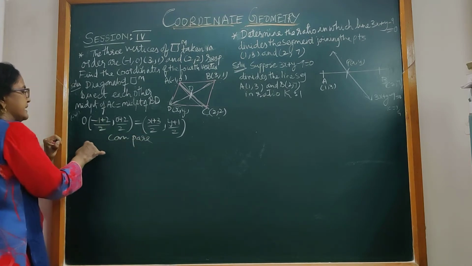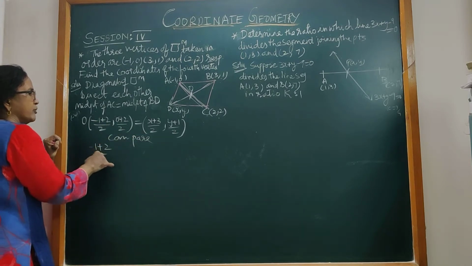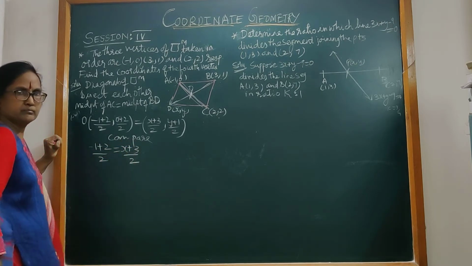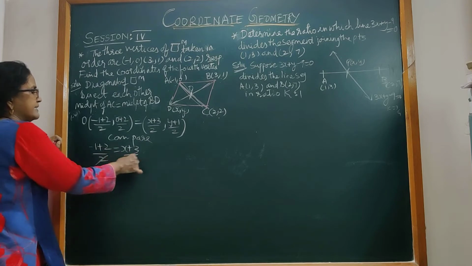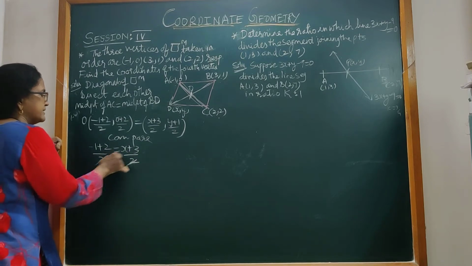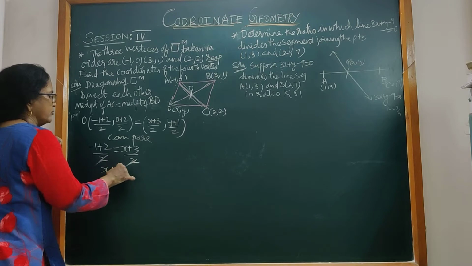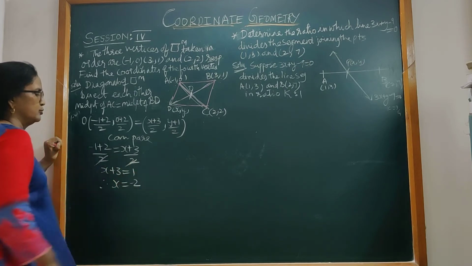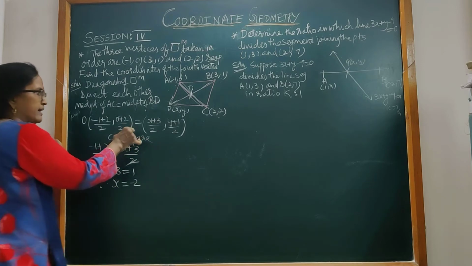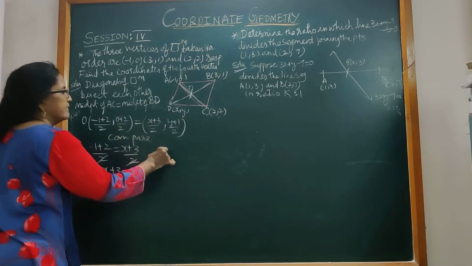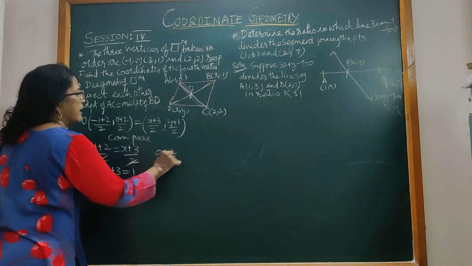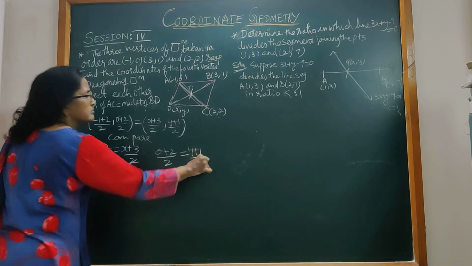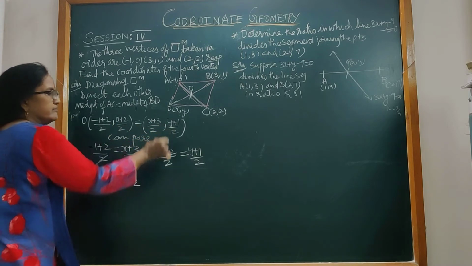While comparing, you will see (-1 + 2)/2 should be the same as (x + 3)/2. The 2 will cancel. x + 3 is equal to 1, therefore x is equal to -2. Now, the same way, compare with y. (0 + 2)/2 is the same as (y + 1)/2, the y coordinate.